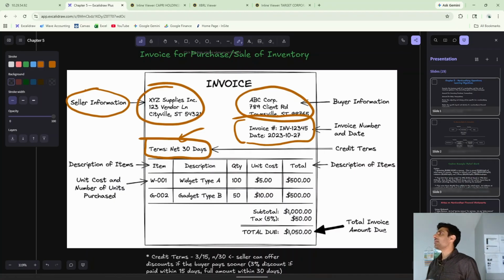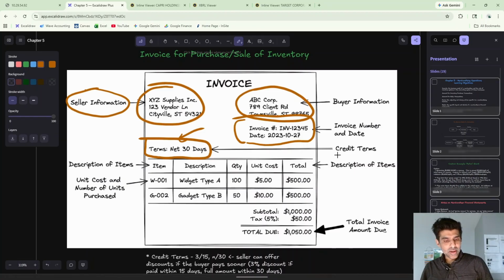They've got to pay their workers, their utilities, and if they're a manufacturer, they've got to buy all the raw materials. So they want that cash sooner. So they will oftentimes offer the customer some incentive to pay fast. We're going to talk about how that is spelled out in a second, but it will be on the invoice somewhere.